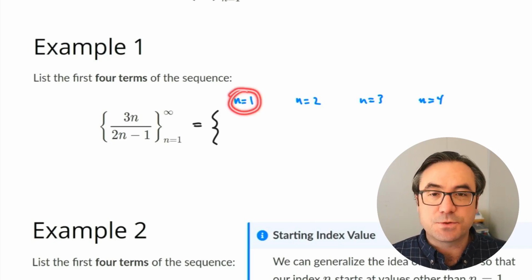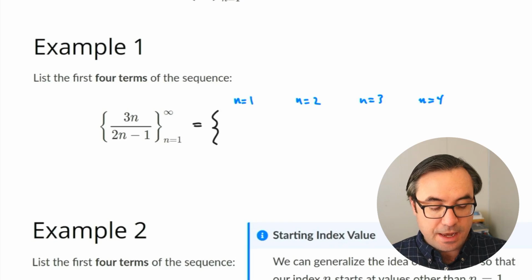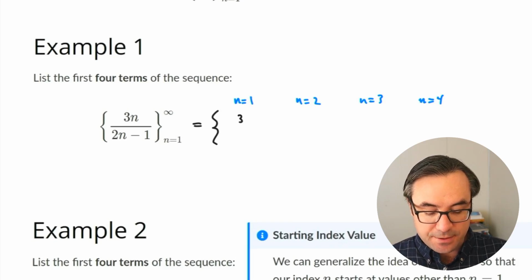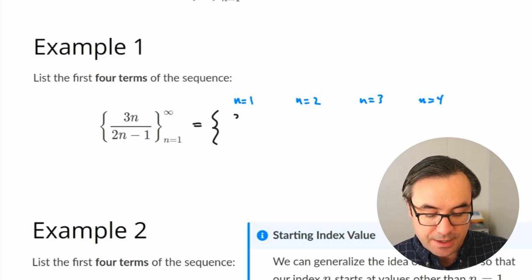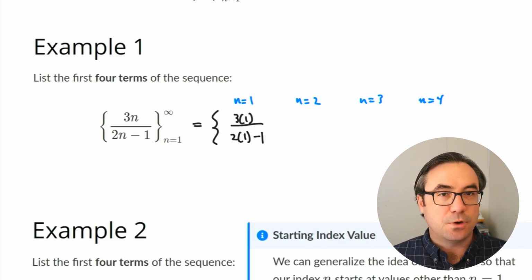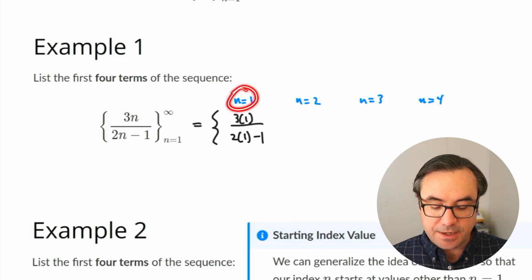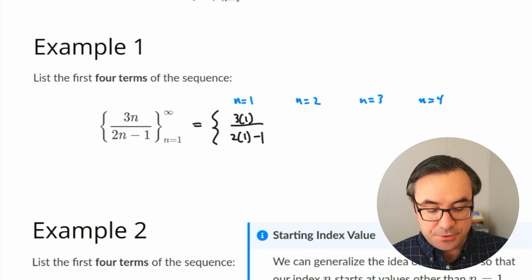Let's start with n equals 1. We plug it into the formula, and we get 3 times 1 divided by 2 times 1 minus 1. All we're doing is taking n equals 1 and plugging it into the formula. Now we go to the next one, n equals 2, and do the same thing.